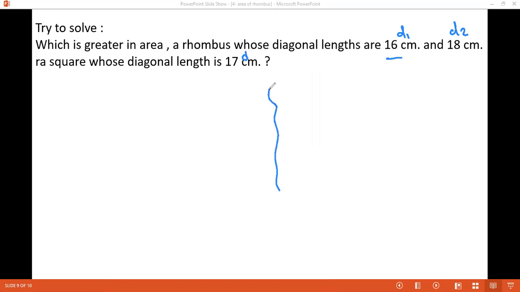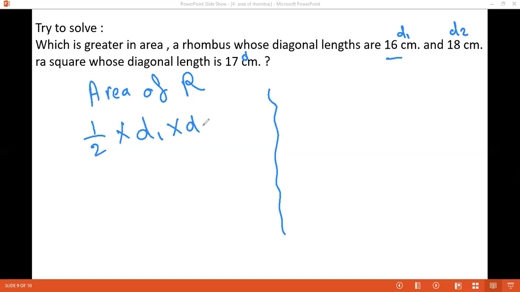Here I'm going to do it like this. Area of a rhombus is half by D1 by D2.